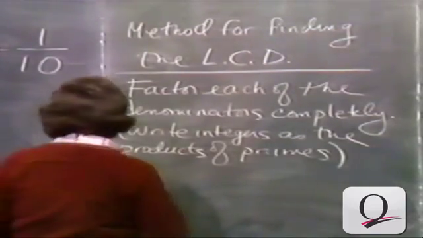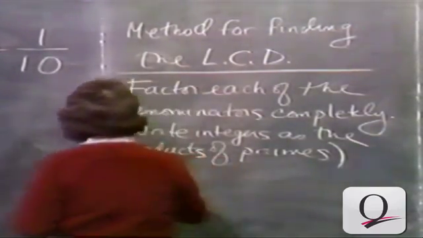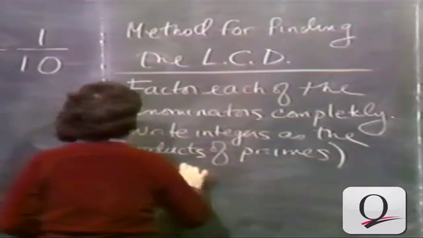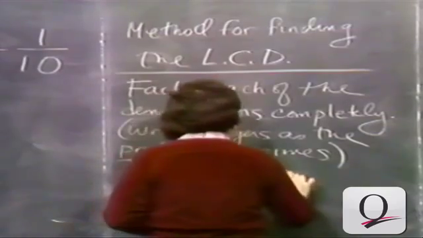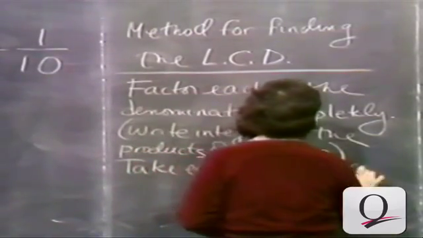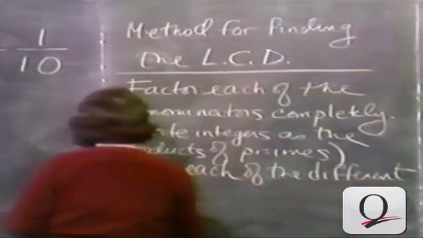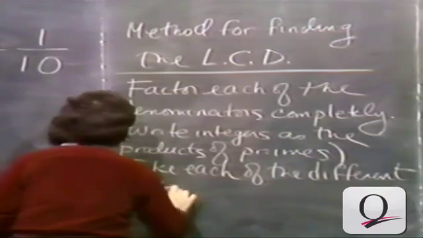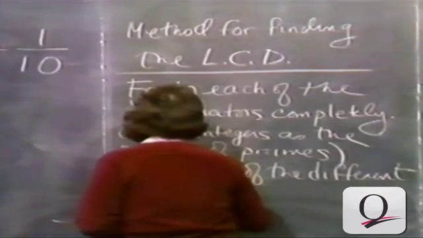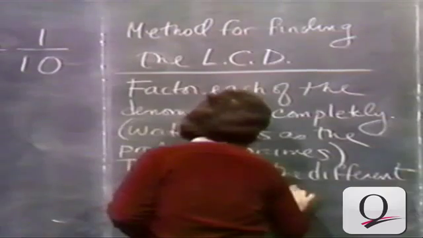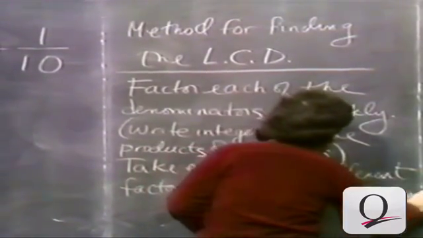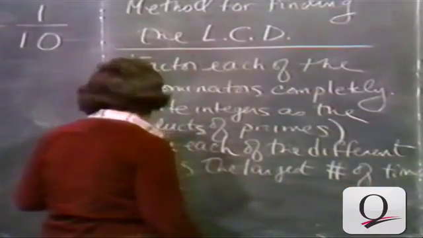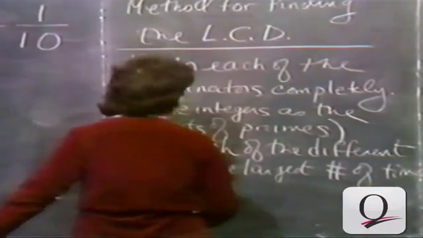Factor each of the denominators completely, then take each of the different factors the largest number of times it appears in any one denominator.